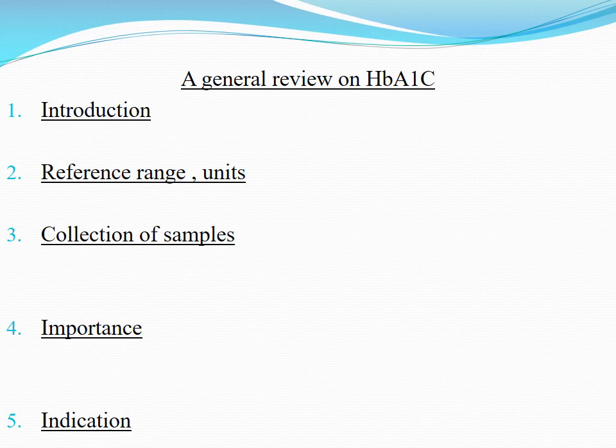Also, the indication: wherever we are having inconclusive fasting or postprandial levels, there we may definitely go for HbA1c, in gestational diabetic patients particularly, and definitely, as I mentioned, for the long-term monitoring of blood glucose in established cases of diabetes.